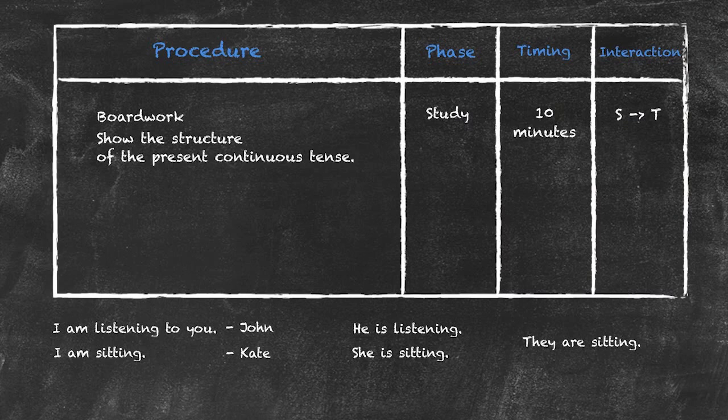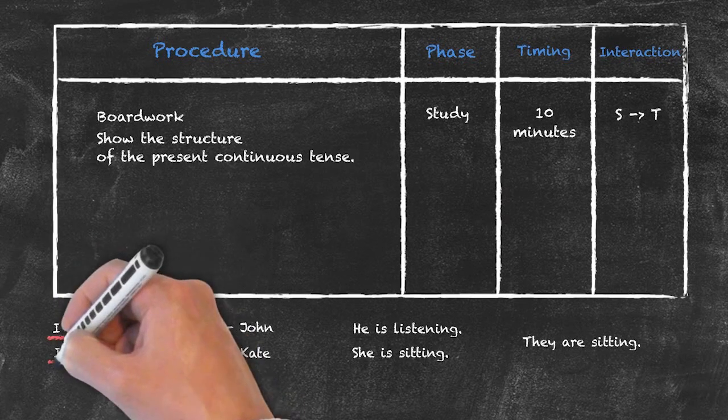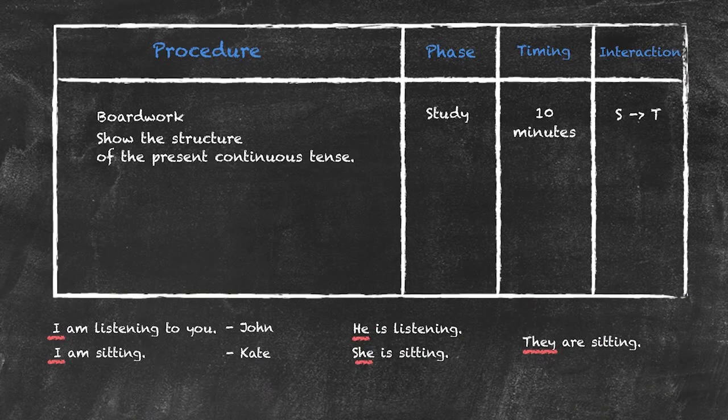Well, we could ask the students to have a look at the sentences themselves and to tell us what they can see. If we look at each of the first words in here, then at this level I should hopefully be able to elicit from my students what each of these words have in common. And they may well give an answer that each of those words is actually a subject.